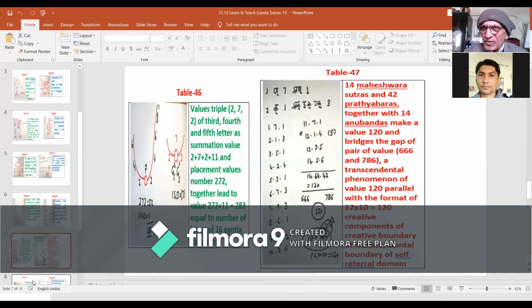This value 120 is equal to 120 creative components for exhaustive coverage of all the 12 transcendental boundary components of a self-referral domain. And this value 120 is the value which bridges the gap between value 666 and 786.